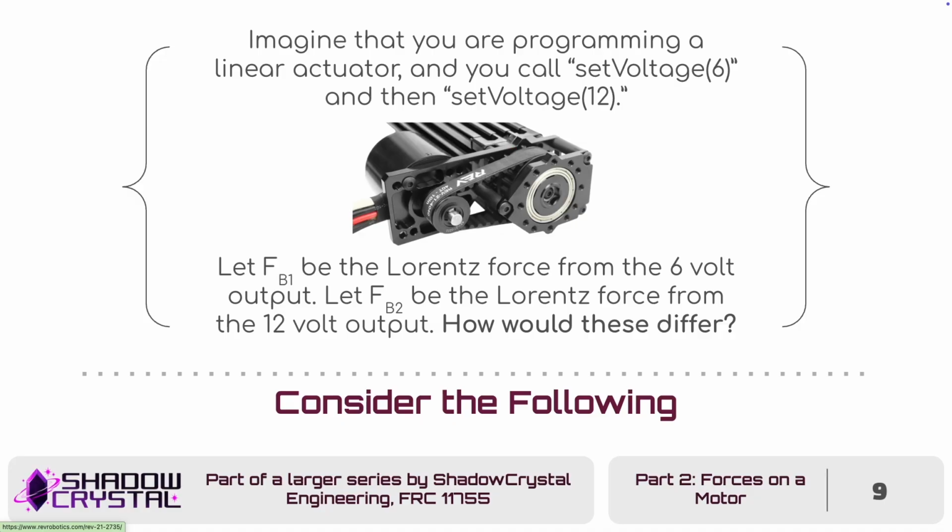It just moves up and down in a straight direction. So let's say you're programming this linear actuator and you call set voltage of 6 volts on this motor, and then in a different trial, you call set voltage 12. How would the Lorentz force from the 12 volt output differ from the 6 volt output? By what factor, perhaps? Does anyone possibly know?